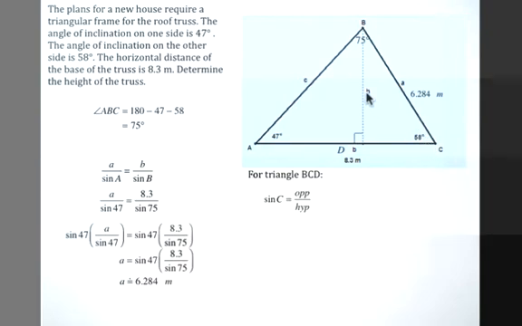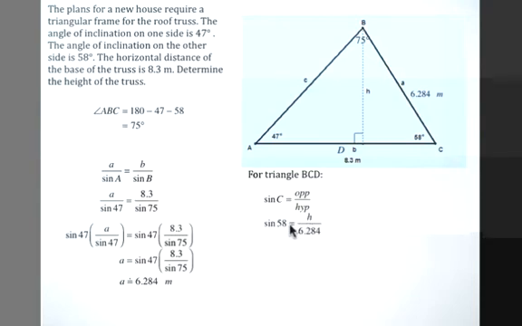And our opposite side here is the height of the triangle. Don't confuse that h with the hypotenuse. This means the height of the triangle. So h is the opposite side for angle C, and for angle C, the hypotenuse is side A.